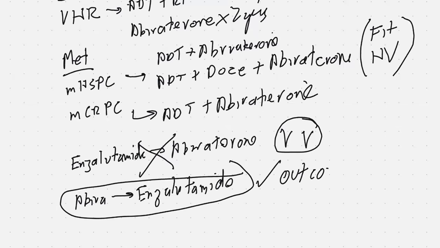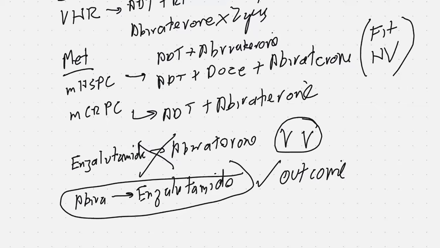Although when you give one ARPI followed by another, the outcomes are not that good the second time, if you're giving it, the sequence should be abiraterone first, followed by enzalutamide, and this is shown to have increased outcomes in phase 3 trials. Okay, so that is regarding abiraterone.